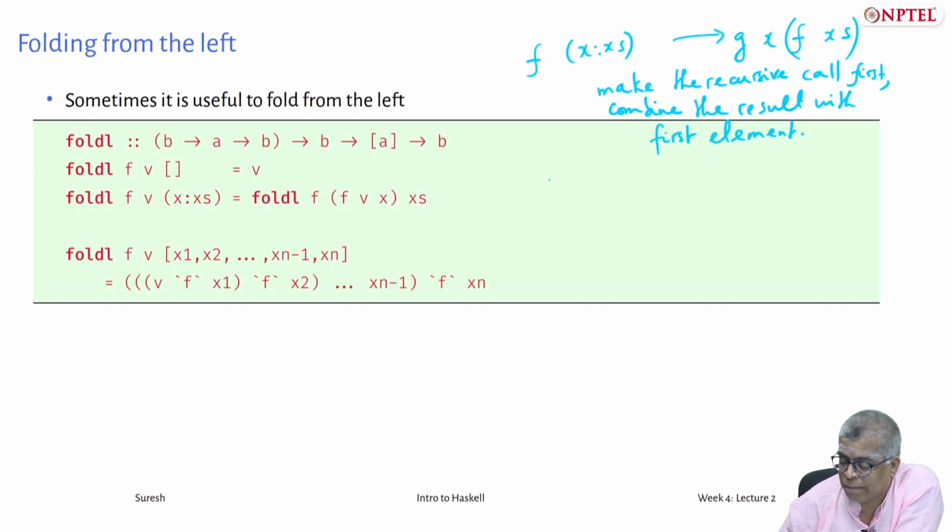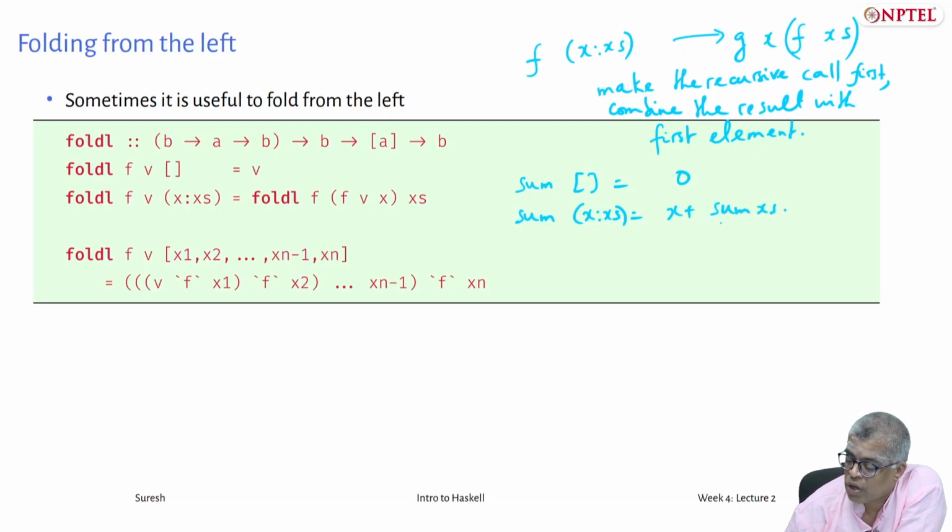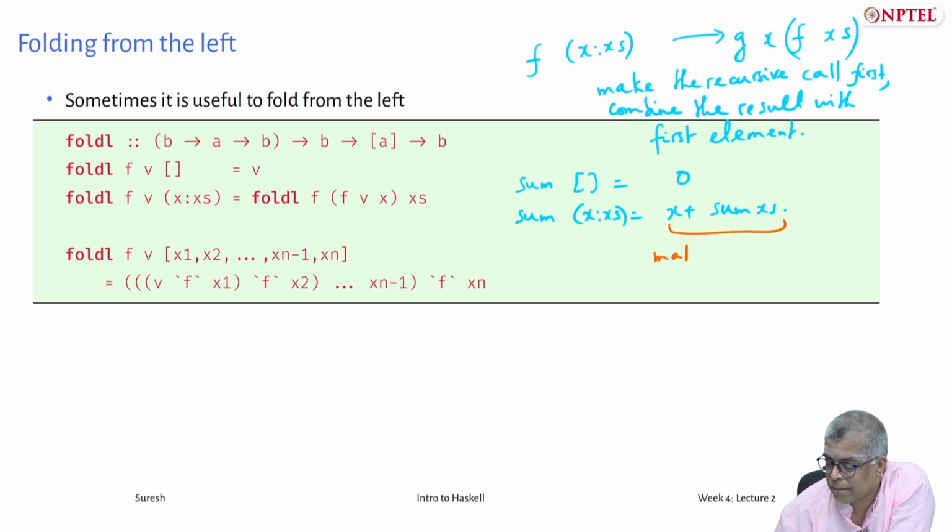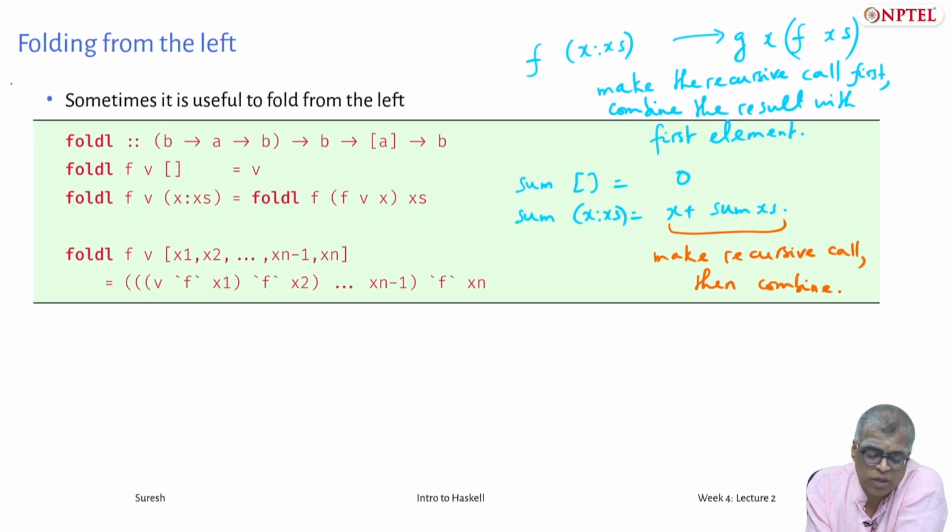This is best illustrated using the sum function. Sum of the empty list is 0, sum of x colon xs is x plus sum of xs. You are making the recursive call first and then combining it with x.